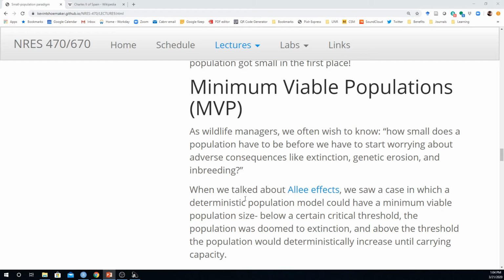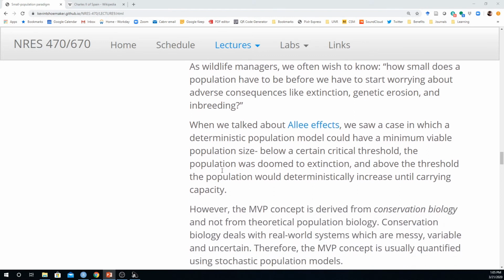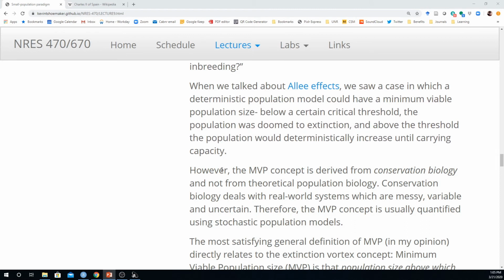As wildlife managers, or biologists who work with wildlife managers, we often want to know how small a population has to be before we have to start worrying about things like the extinction vortex, genetic erosion and inbreeding. This is a practical question that we see all the time when we work with populations, especially populations of conservation concern.